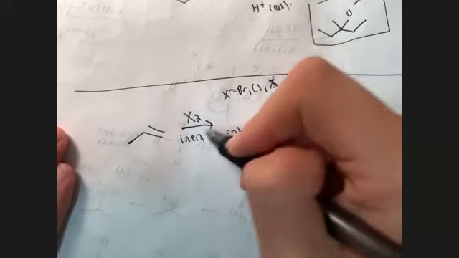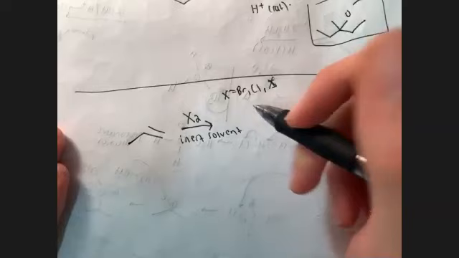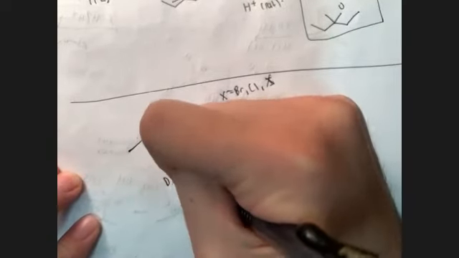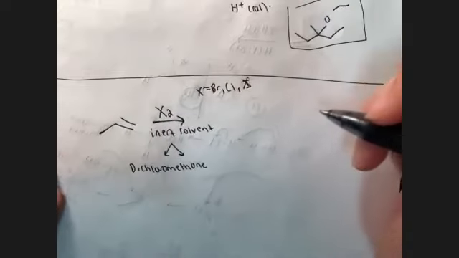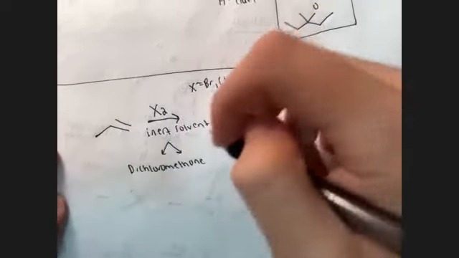And specifically, this is the first reaction where we're going to see a solvent written in, where it doesn't do any reaction. I should say it doesn't do any chemistry. So the 2 types of inert solvents you could have is something called dichloromethane. And these are very common. When you guys take organic lab, we use these solvents all the time. So that's why, like I said, these names are kind of important.